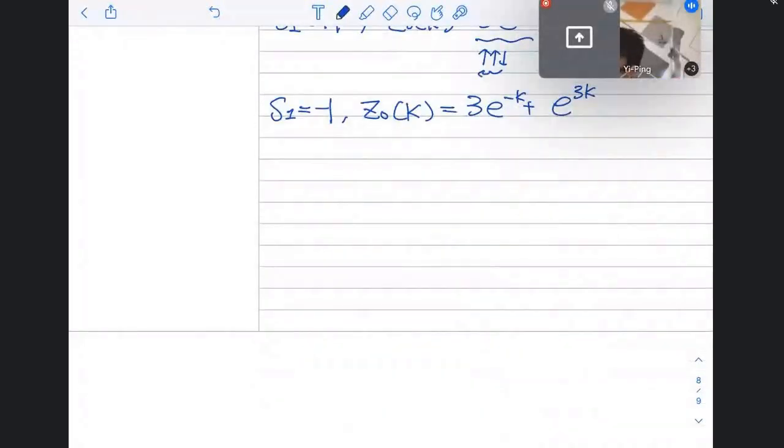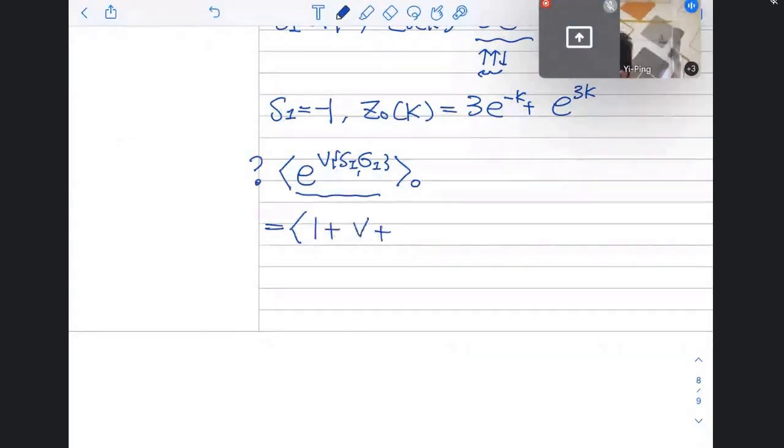So now we are going to focus on the target at the moment, but let's just try to write it out. The question is, what is this object? For an average like this, it is very tempting to write down the expansion of the exponential function.